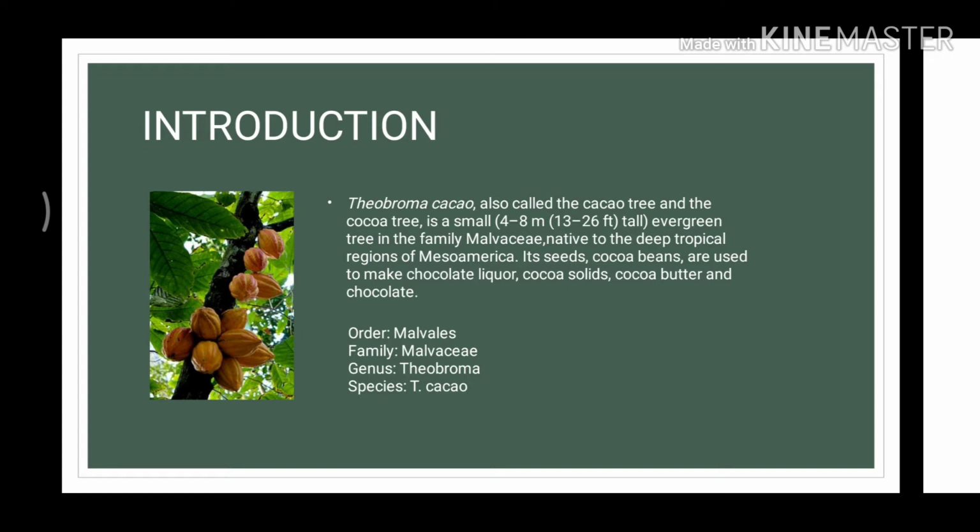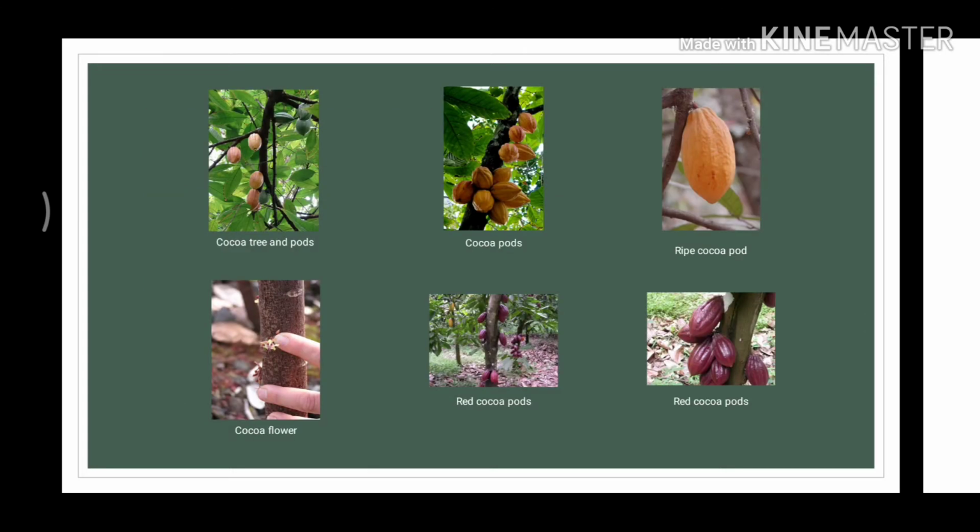Cocoa's order is Malvaceae, and its family is Malvaceae. Its genus is Theobroma, and its species is Theobroma cacao. This is an example of parts of the cocoa tree. The first picture is an example of a cocoa tree and pods. The second one is a close-up of how a cocoa pod looks.